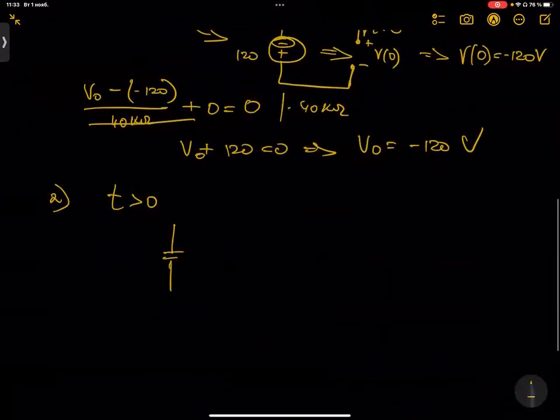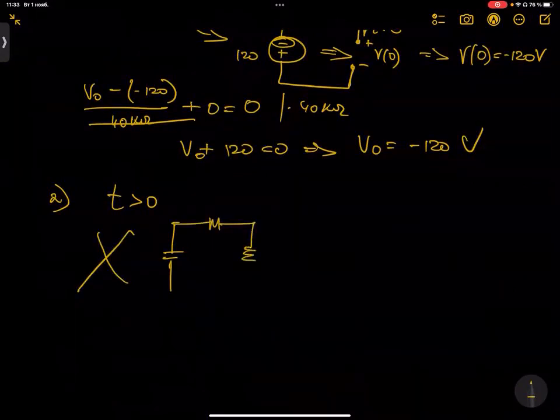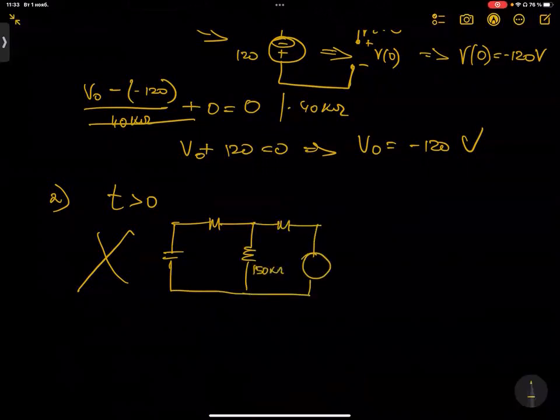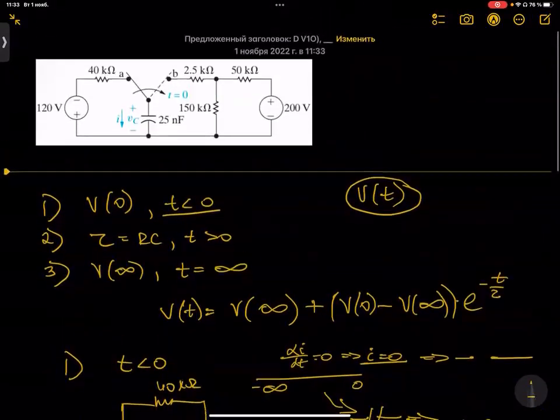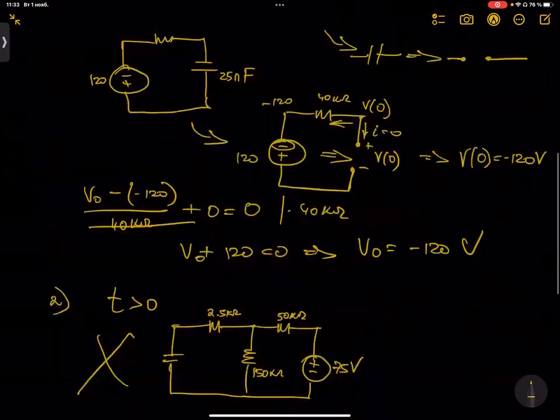We omit everything to the left part, because the switch has moved to position B. So here a resistor, the 50K ohm, 2.5 K ohm, 150K ohm, and I guess it's plus minus 75 volts. Hopefully, oh no, it's 200. Okay, no problem.